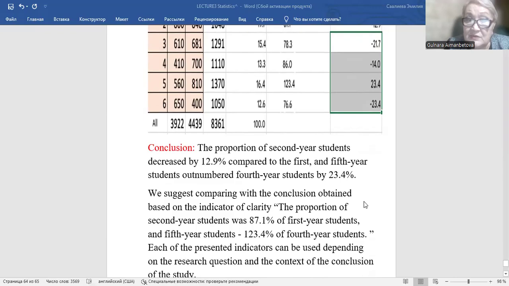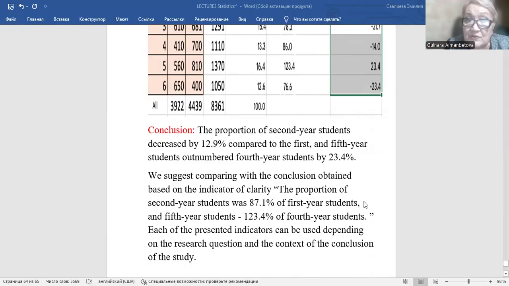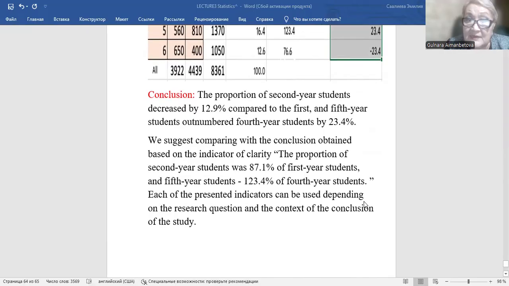We suggest comparing with the conclusion obtained based on the indicator of visibility. The proportion of second year students was 87.1% of first year students, and fifth year students 123.4% of fourth year students.